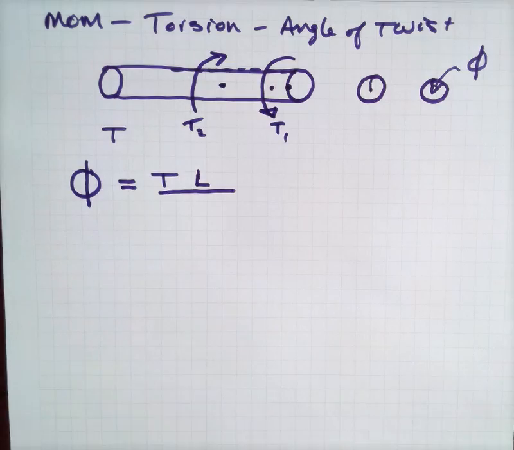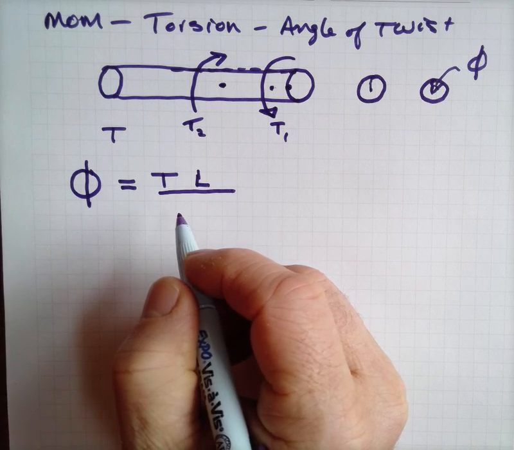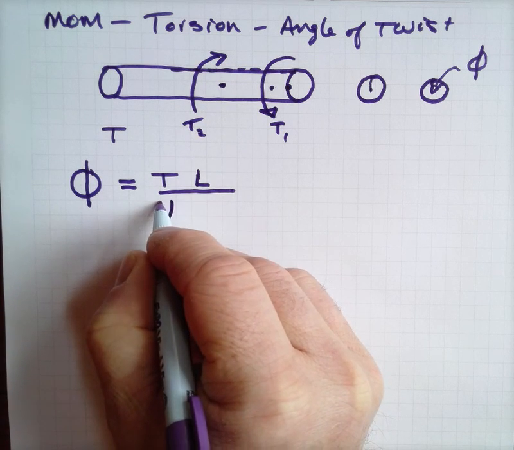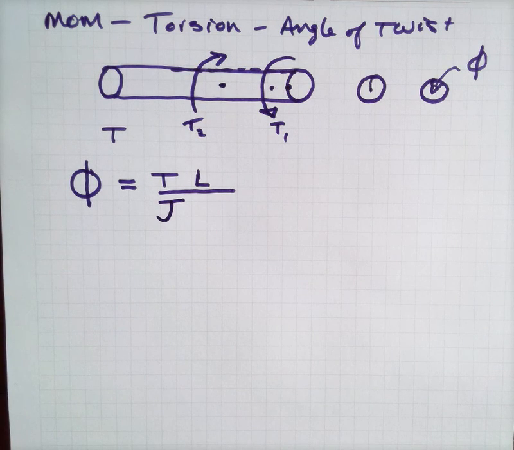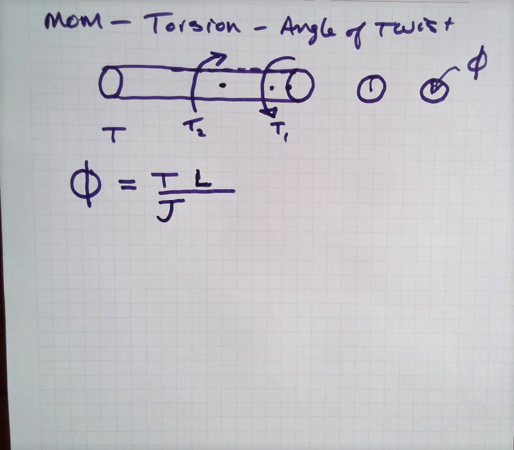As we've learned earlier, for circular members we use, rather than area moment of inertia I, the polar moment of inertia J. And I bet you'd be able to tell me, doesn't the amount that it twists depend on what kind of material it is, whether it's rubber or aluminum or copper?